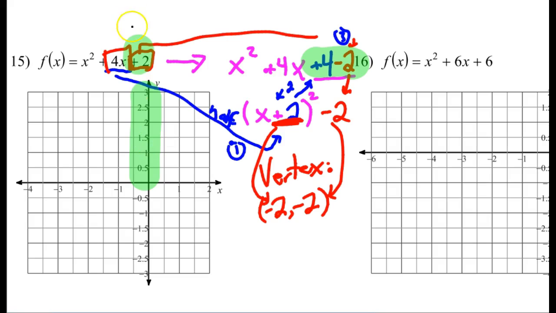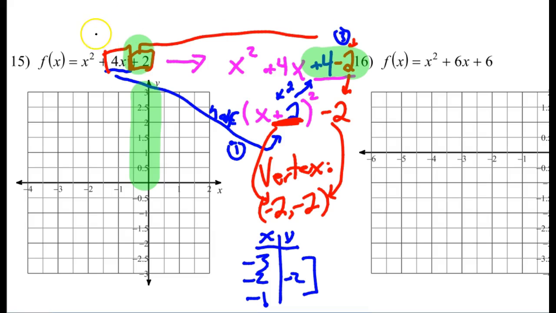And then from here, feel free to do any method you want. You want to do a T-chart, like you might have done on your homework, and then pick some numbers around it. If you want to try to factor it, you can try that. Write down the discriminant as positive, negative, or 0. You can do a lot of things that will help you.